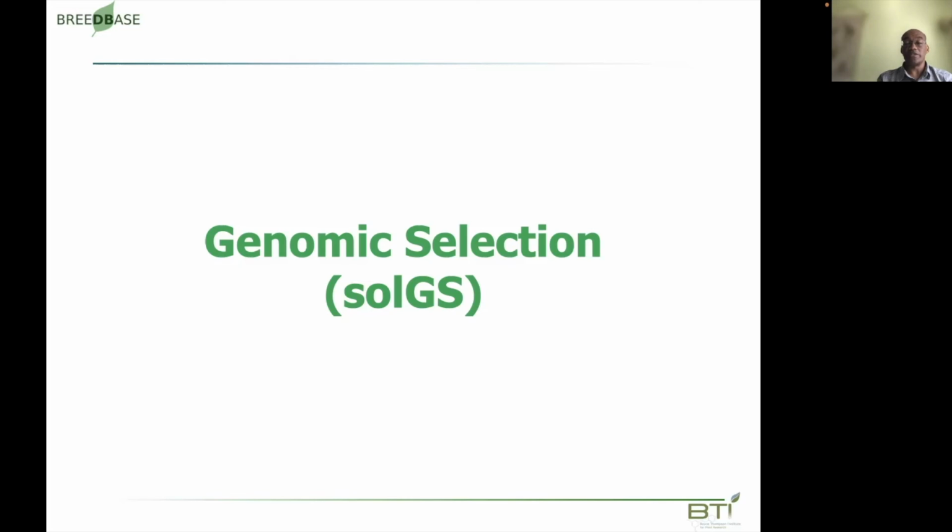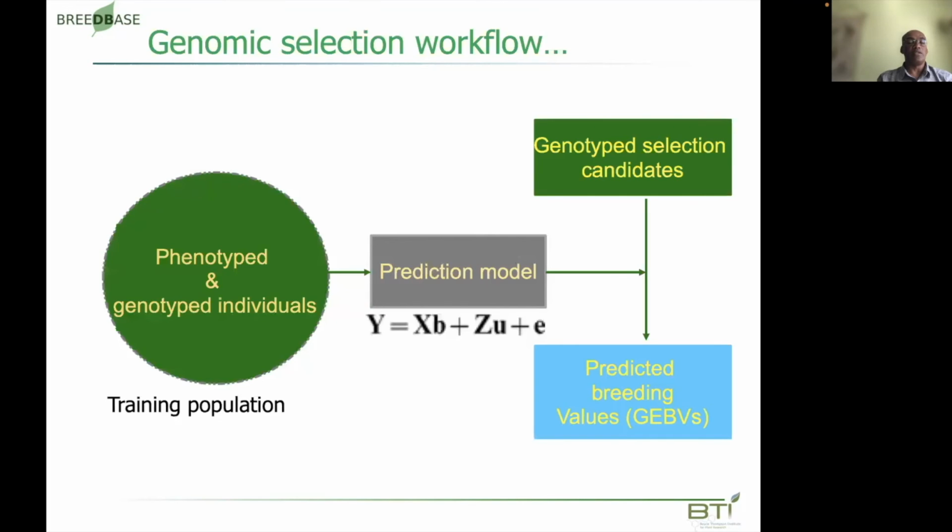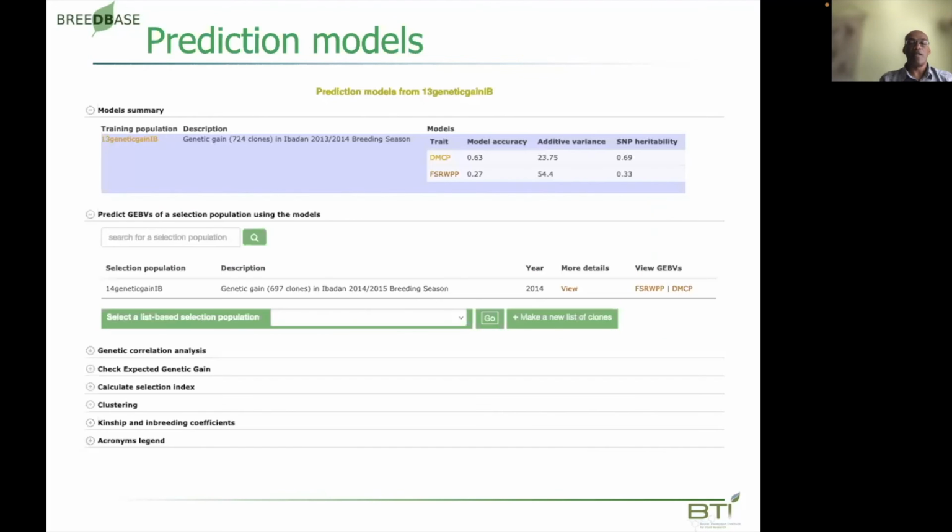There is also a genomic prediction tool, called SolGS. And with this genomic prediction tool, you can create training data sets, fit prediction models, and use the prediction models to estimate or predict GEBVs on your selection candidates.